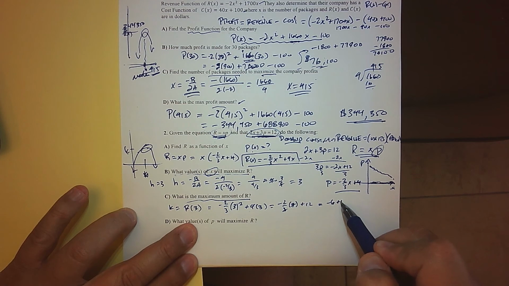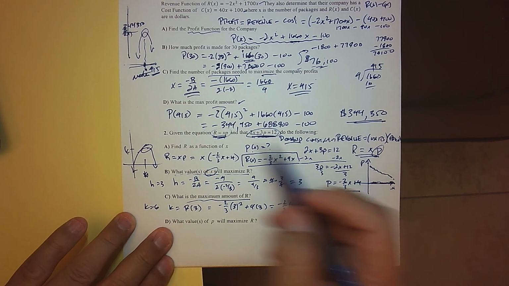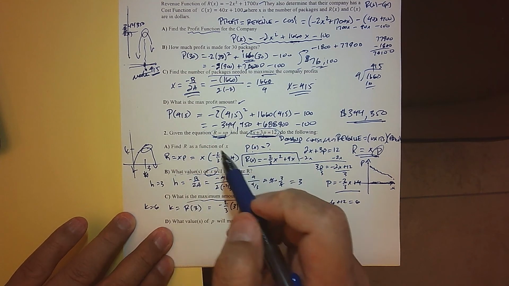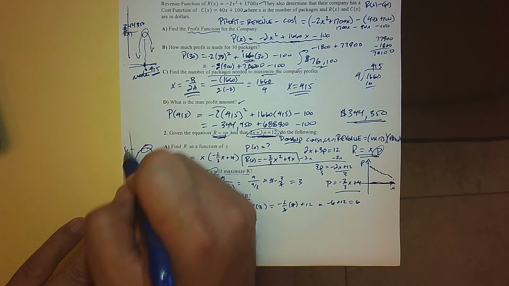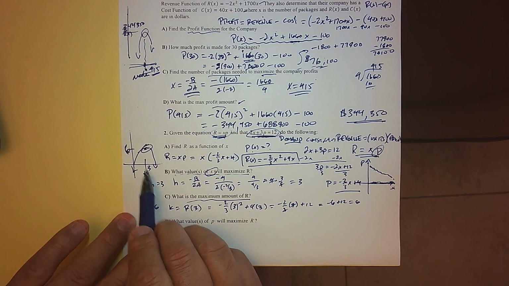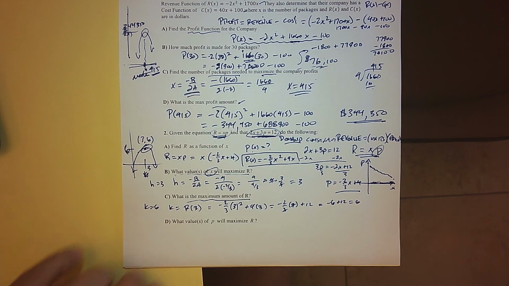We have a negative 6 plus 12. We get 6. So k is equal to 6. So whatever this function looks like, it has its maximum value at 3, and the output is 6. So for this revenue situation, our vertex is at (3, 6). 3 items needed to produce a maximum revenue of 6.